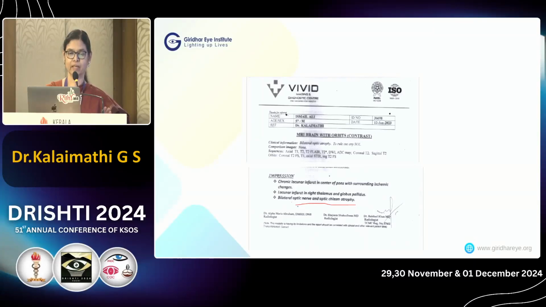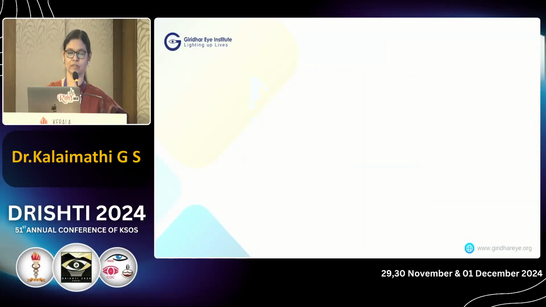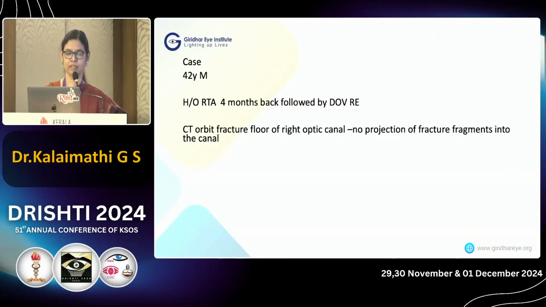Then when he came with the MRI report, only then he revealed the history of heavy smoking and drinking. So this is a case of toxic optic neuropathy. From the very history, we can come to a diagnosis of this optic atrophy. Straightforward case.